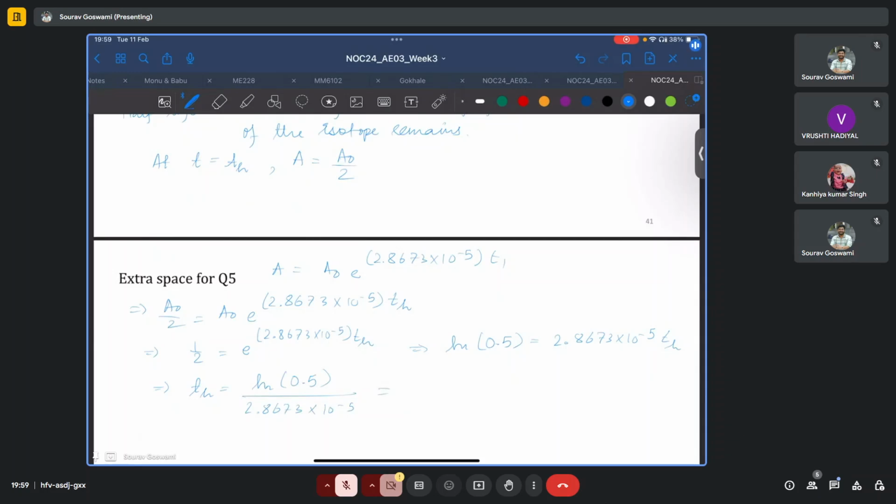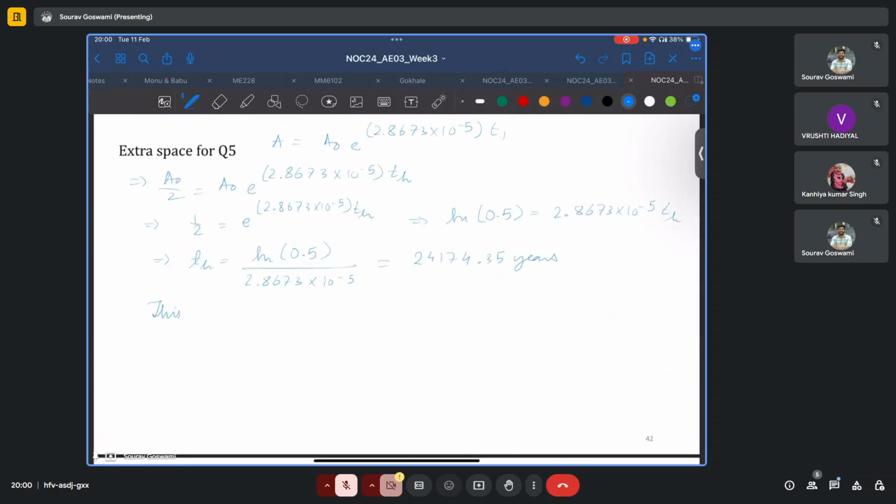And please allow me a minute to compute this. It comes out to be 24174.35 years.